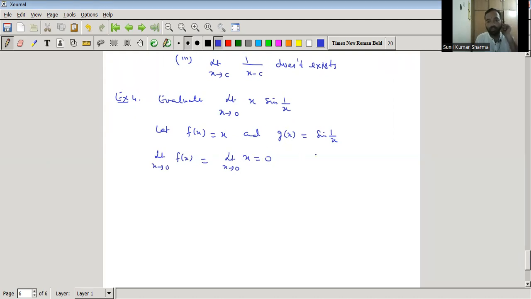Now, the second thing: we have to check whether g is bounded in the deleted neighborhood of 0. So for boundedness, how can we check that a function is bounded?